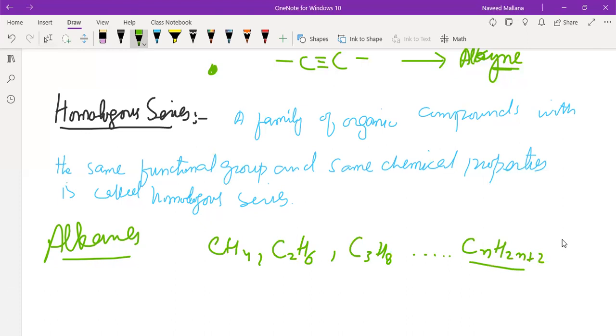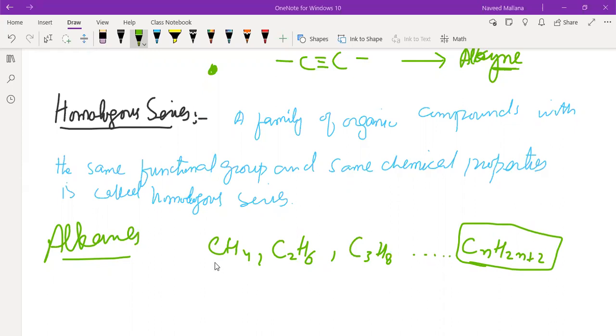This will be the general formula for alkane. This is the homologous series of alkanes.